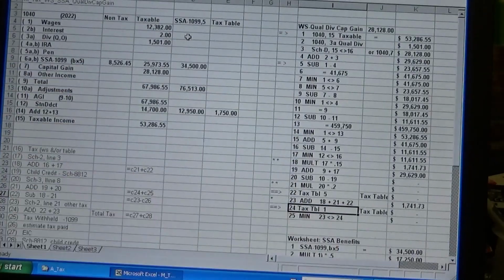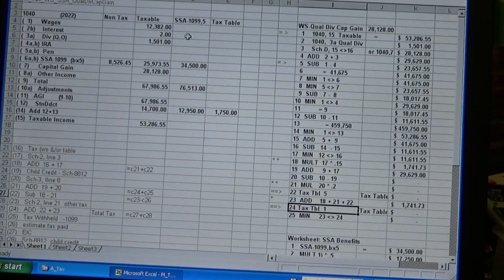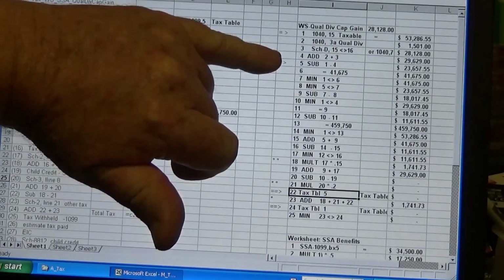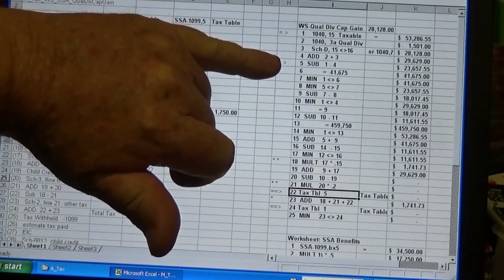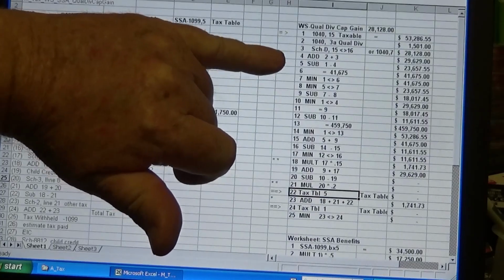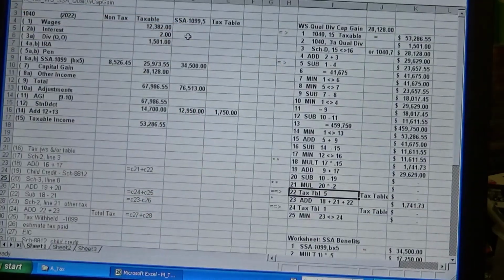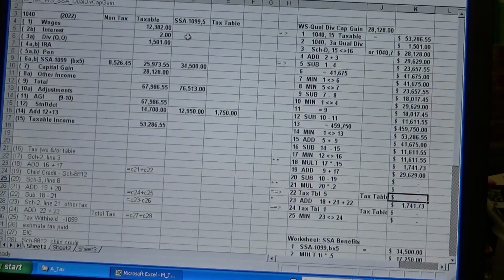Use the tax tables in the 1040 instructions in order to figure that out. And then up here is, you must know the taxes from the tables for line 5, which is your taxable income minus your capital gains, so you can figure out what that tax is. And we'll just go ahead and add that in.